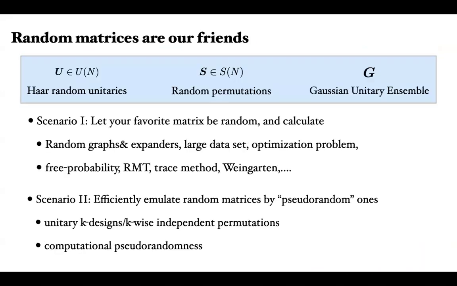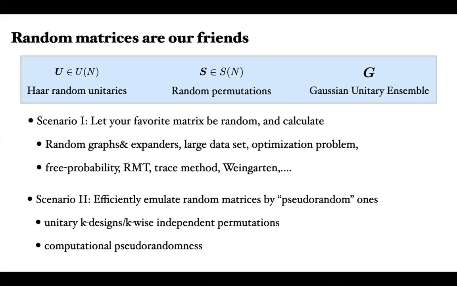So really, the central theme of this talk is random matrix theory, and random matrices really appear in very, very different contexts. Not just in quantum computation, but in classical computation, physics, and mathematics. Quite often, you encounter a Haar random unitary, a Gaussian matrix, or a random permutation.